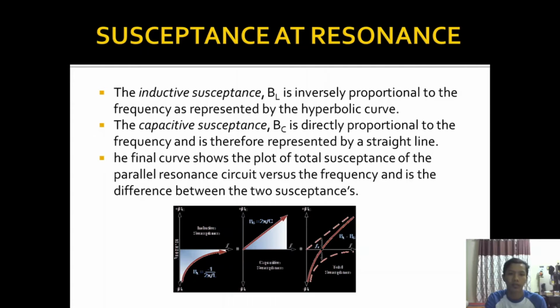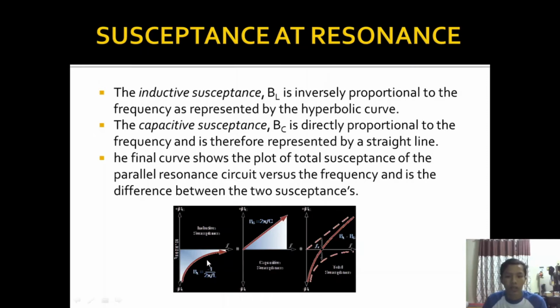The capacitive susceptance BC is directly proportional to the frequency and is therefore represented by a straight line. The final curve shows the plot of total susceptance of the parallel resonance circuit versus the frequency, and is the difference between the two susceptances.